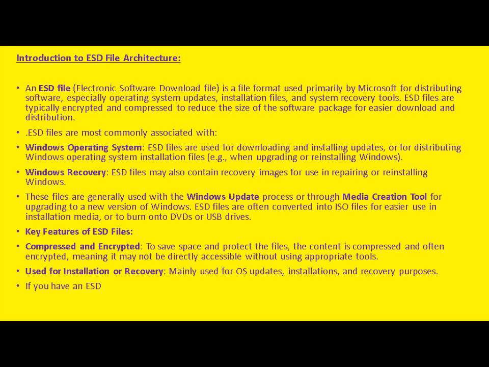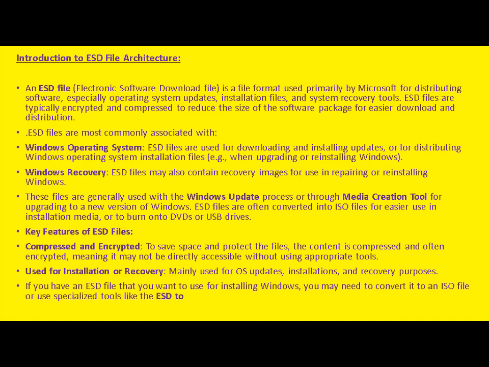If you have an ESD file that you want to use for installing Windows, you may need to convert it to an ISO file or use specific tools like an ESD to ISO converter to extract its contents and create bootable media.